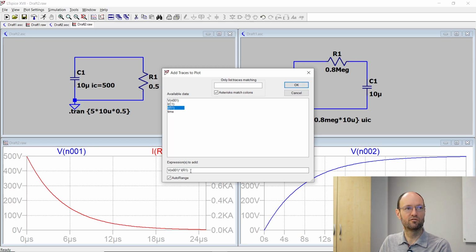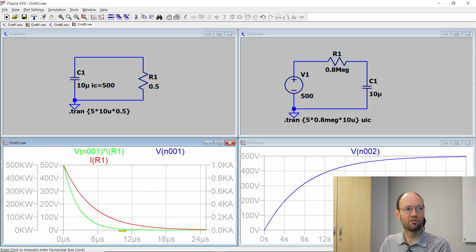And this should give me, what is voltage times current? Is power. It should look somehow similar, but it's just the exponential function with the power of 2 in the exponent, right? And so now we get this third y-axis here for the power in watt, in kilowatt.